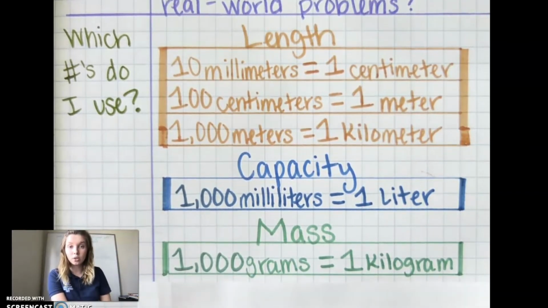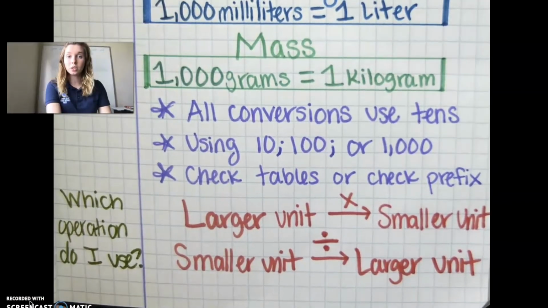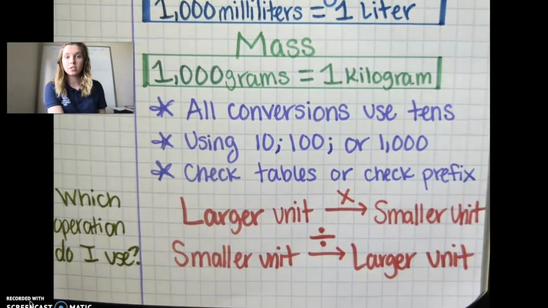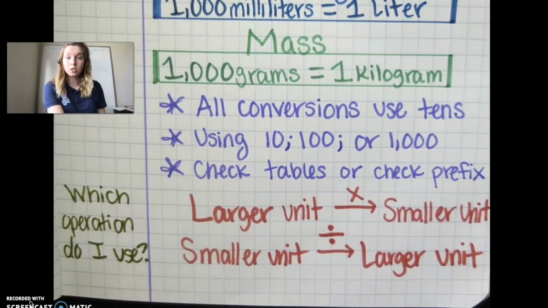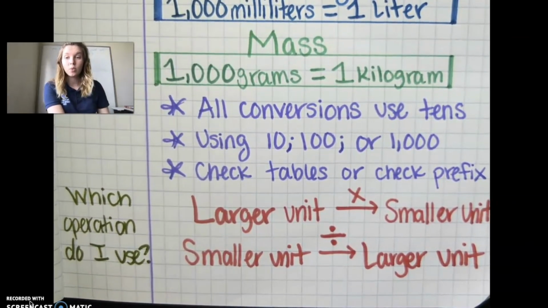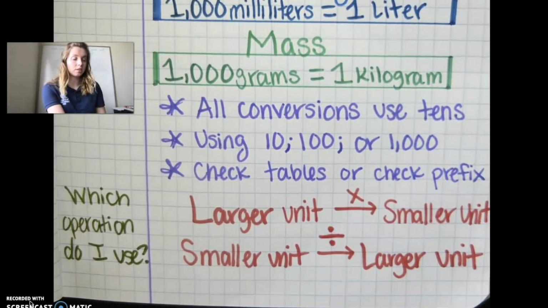Make sure you have all these notes down. Don't forget, you can pause the video at any point to write down the notes before I move on. The last part of the notes we're looking at in this video are some tips about using the numbers and which operation we need to use. So first of all, after the little tables, there's some tips here on how to use the numbers.